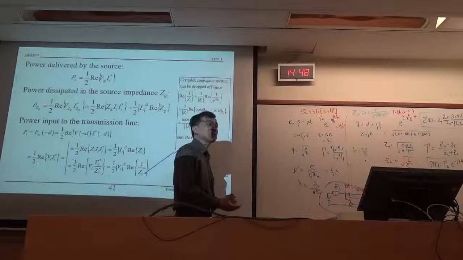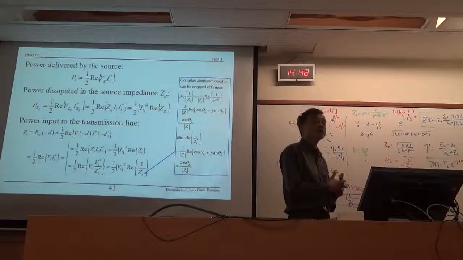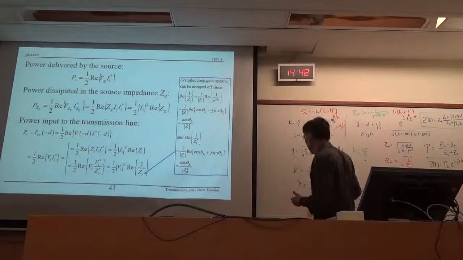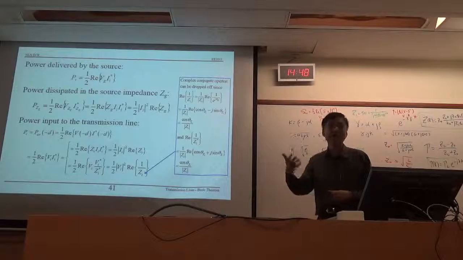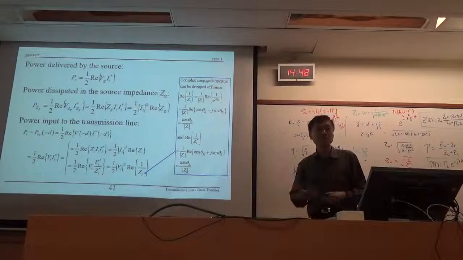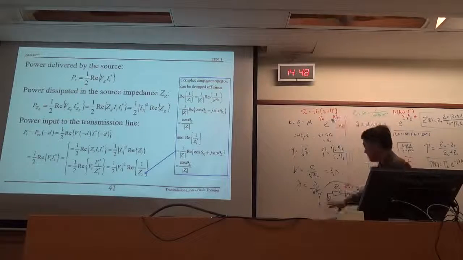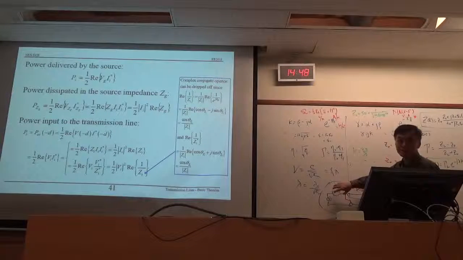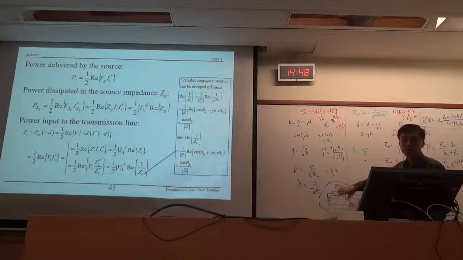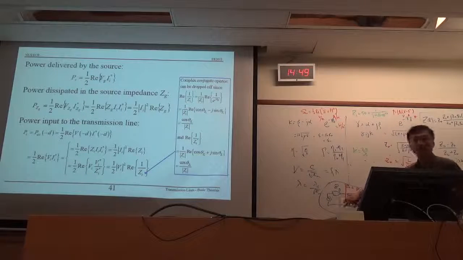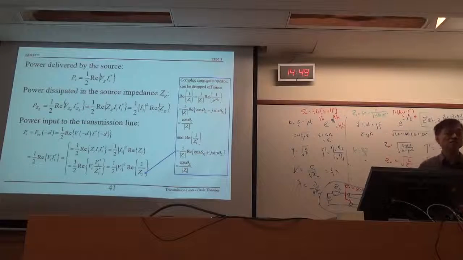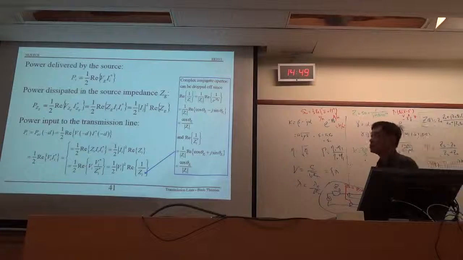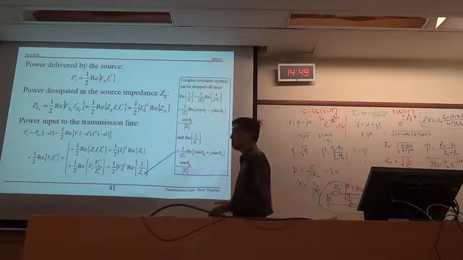So you can find these from the Thevenin equivalent; there are questions previously that come out like this. Find the power supplied by the source, find the power dissipated by the source impedance, find the power input to the transmission line. So you can have various kinds of questions.